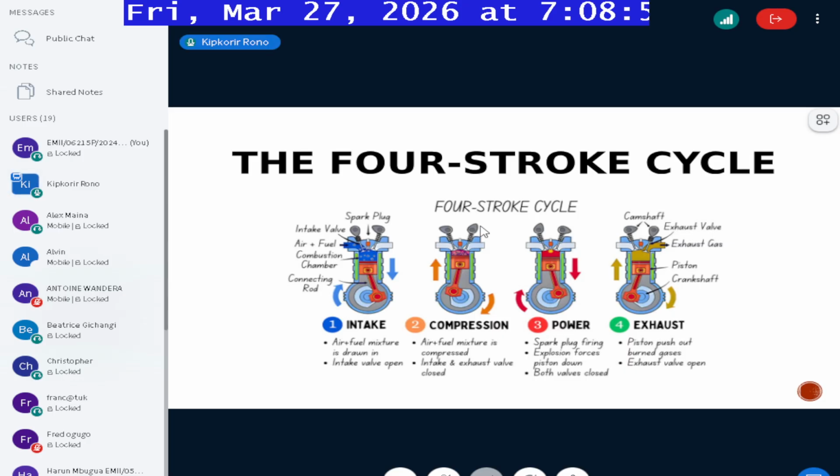Okay, so during the exhaust stroke, towards the end of the power stroke, the exhaust valve usually starts to open. So the exhaust stroke does not occur as the piston is moving upwards. Usually the opening and closing of the exhaust valve does not wait for the piston to get downwards.